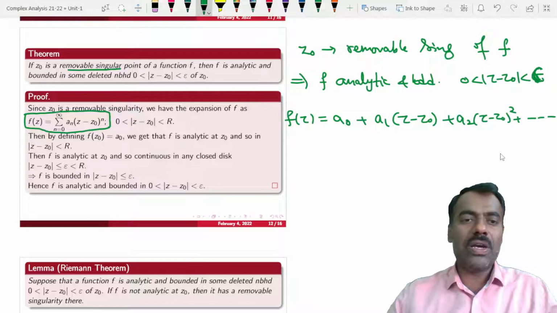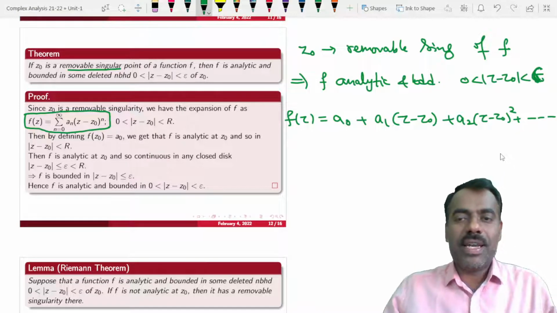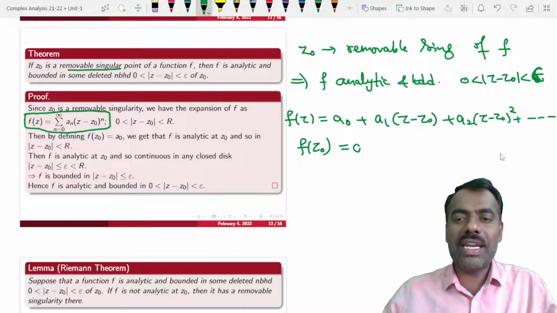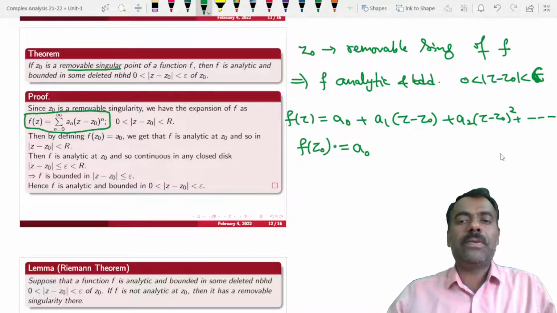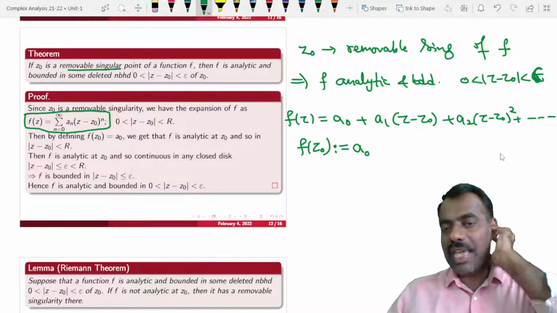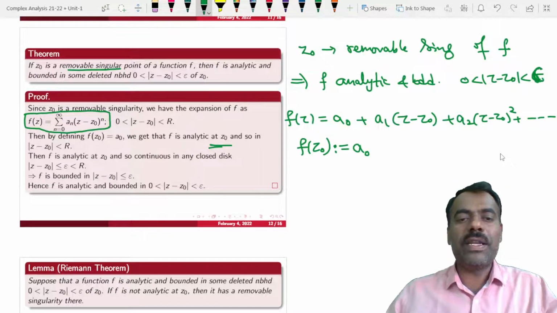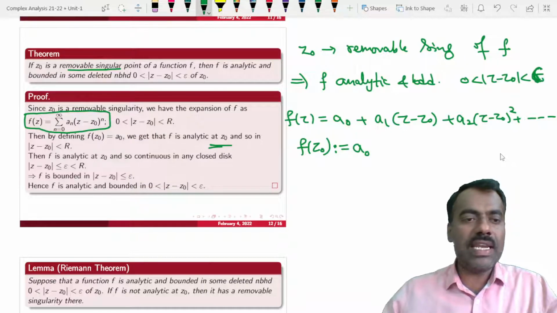So how can we make this analytic, because it has a problem only at z naught? By defining f of z naught: as z approaches z naught, all these terms go to 0, so define f of z naught as simply a naught. Then we can see that f is analytic at z naught, and it is analytic in mod z minus z naught less than r.